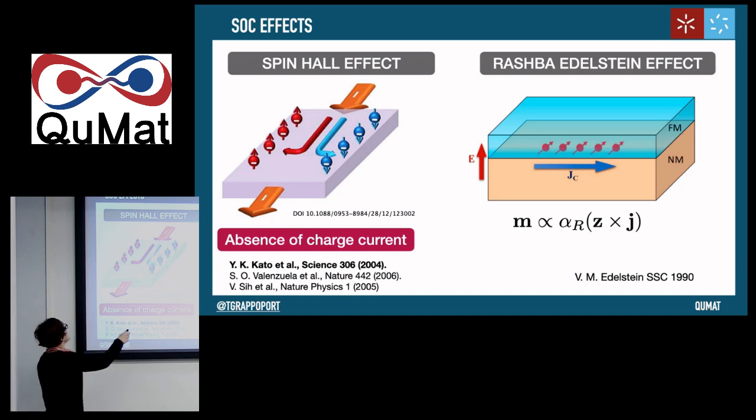And this effect can happen with what we know as the intrinsic spin Hall effect, where actually the crystal structure of the material and the spin-orbit coupling make spin up and spin down states respond differently to an electric field, and then we have this effect. Or we can have the extrinsic spin Hall effect, where spin up and spin down states scatter differently in the presence of impurities and spin-orbit coupling.